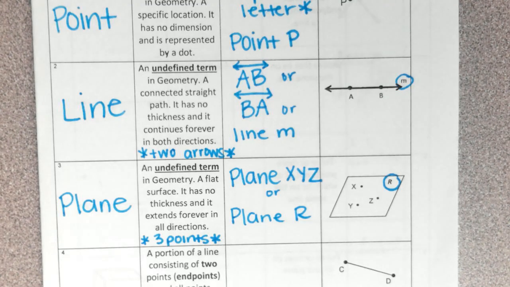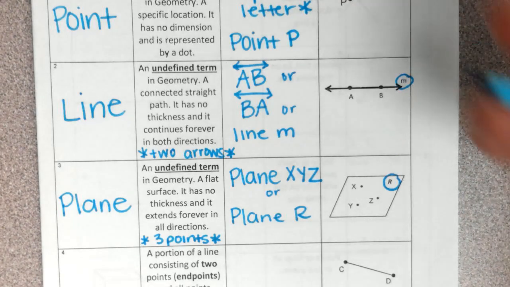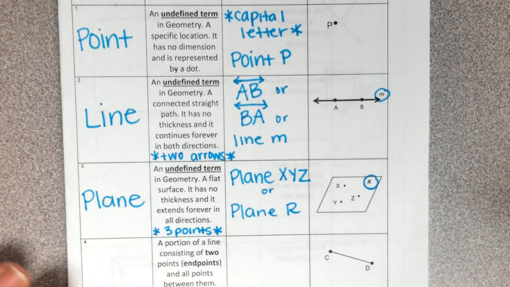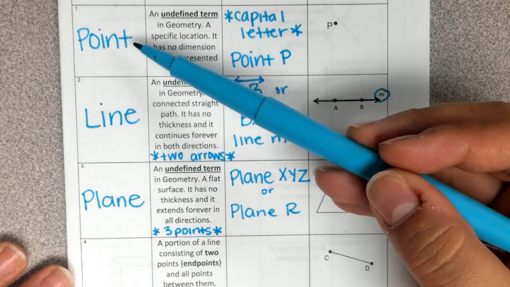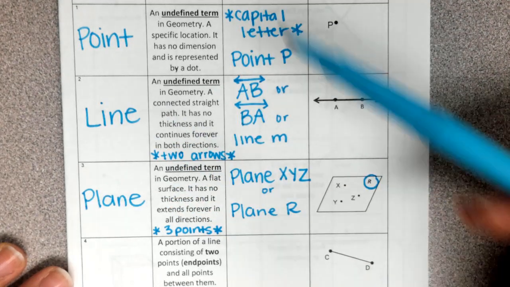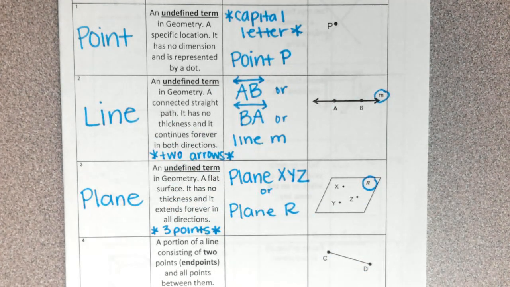So who sat around and decided which one was what? I don't know. But these are the rules of geometry, and these are the rules of the undefined terms. What are my undefined terms in geometry? A point, a line, and a plane. Those are the three undefined terms of geometry.